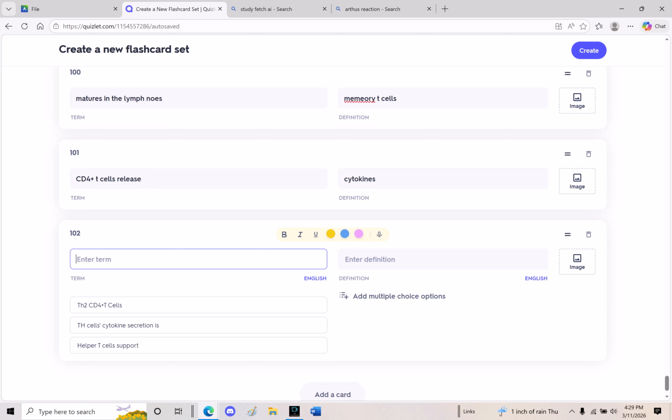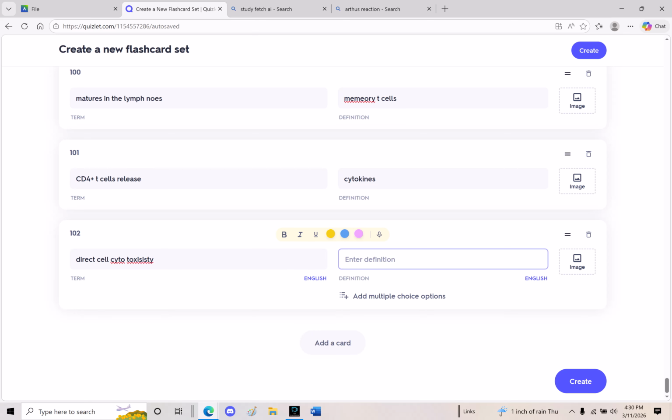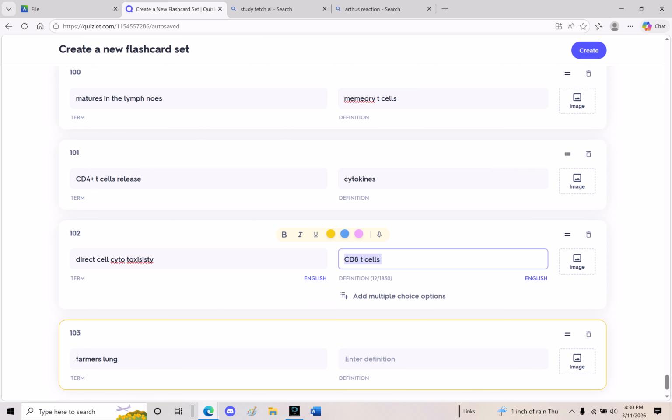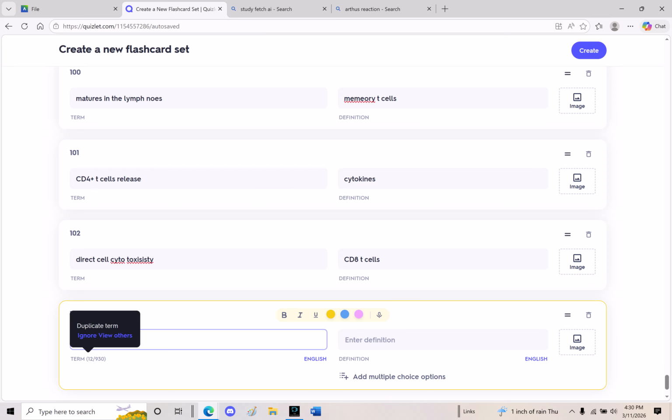All right. Direct cell cytotoxicity uses CD8 plus T cells. CD8 T cells were cytotoxic T cells, right? They are directly attacking things. So they will destroy abnormal cells through two mechanisms. And this is going to sound a lot like previously when we talked about type 2 hypersensitivity, right?